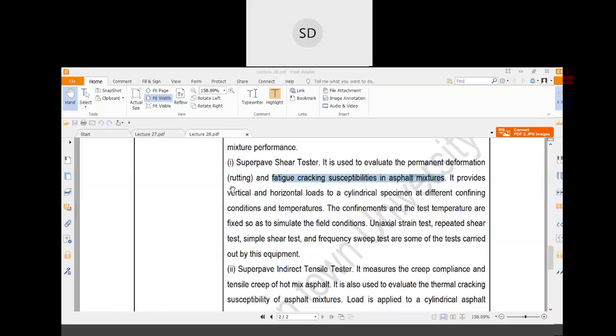So basically one cylindrical mold would be there and you will apply your horizontal loads as well as vertical loads.